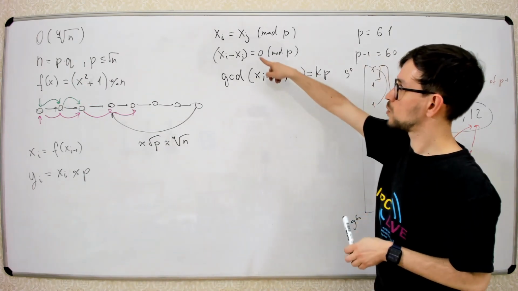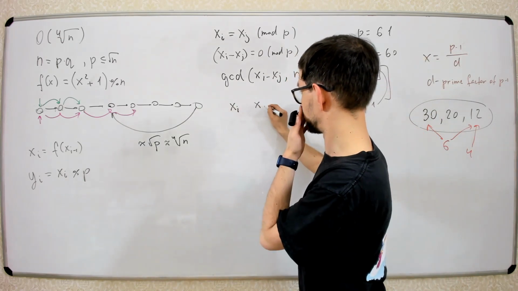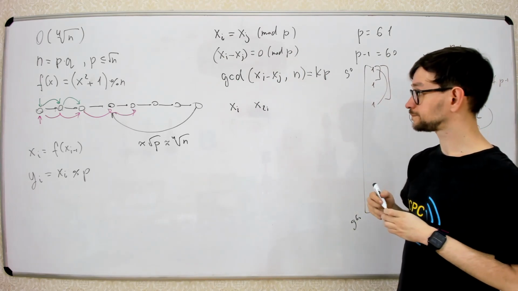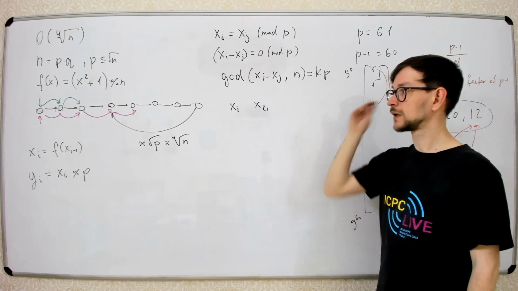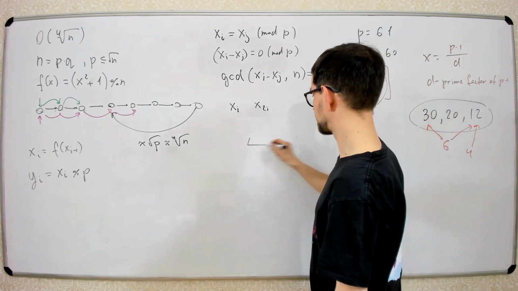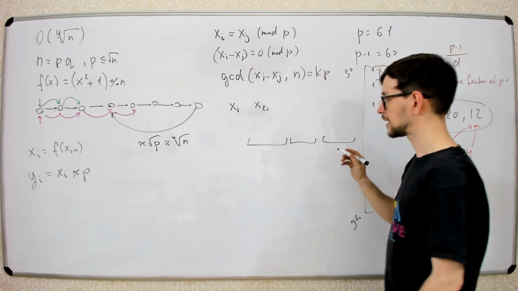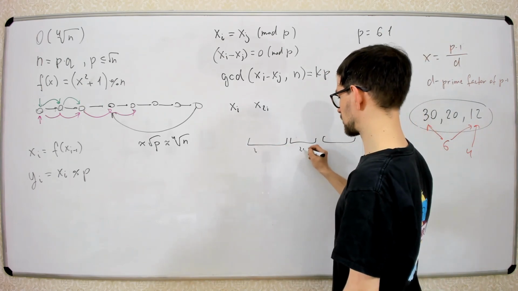So basically, we consider only pairs xi and x2i. What will happen? At some point, there is a period of some size. At some point, I will be somewhere here and 2i somewhere here.